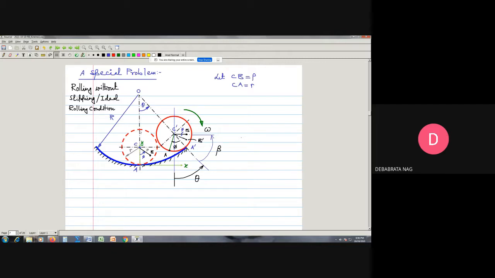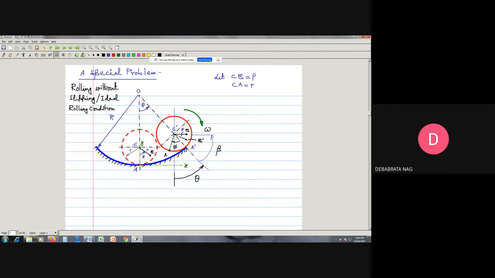Now, suppose this cylinder or sphere-like rigid body rolls over this curved surface. Rolls means that it will execute both translational motion and rotational motion. That's a general rolling situation.